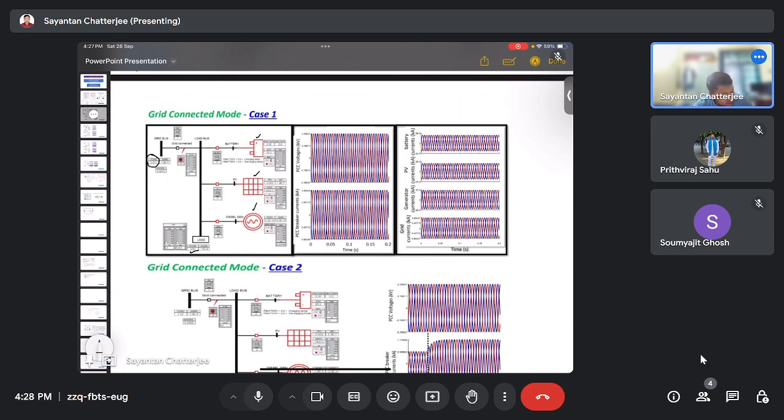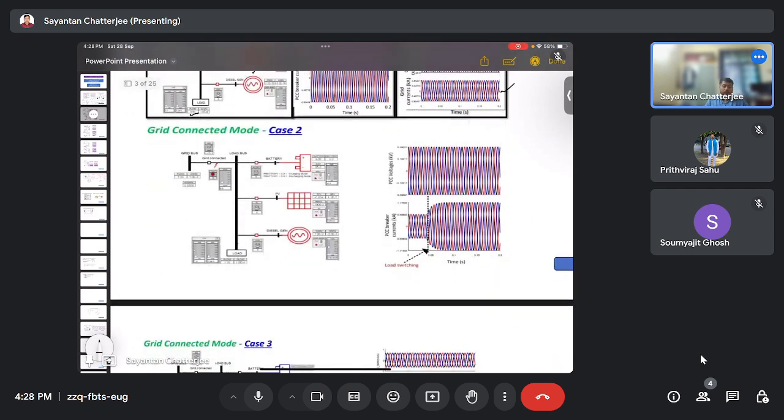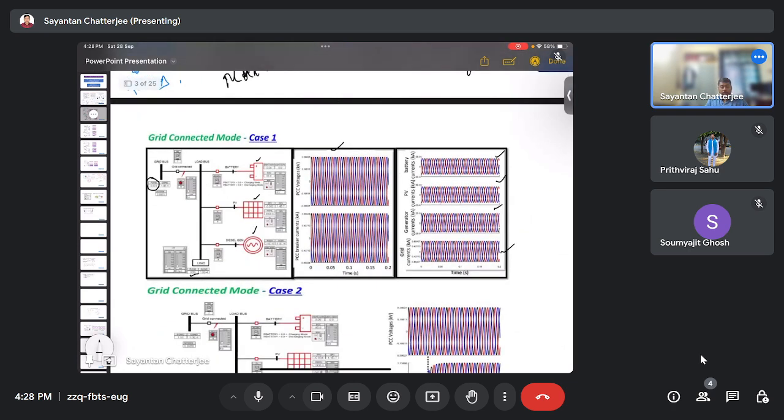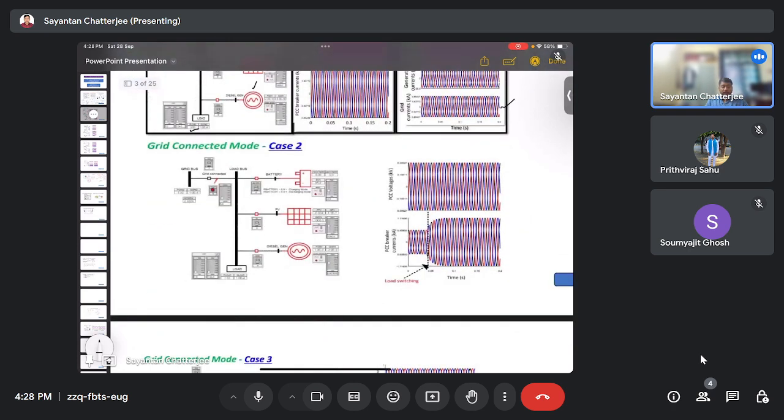And in those cases, the battery current, PV current and generator currents are at zero, but grid currents are at their maximum value, 0.85427 kiloamperes. Okay. So point of common coupling currents are also shown. Whereas in the grid connected mode, case 2, we suddenly perform a load switching.